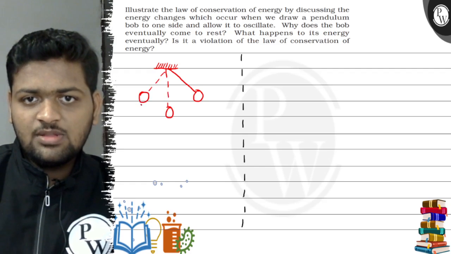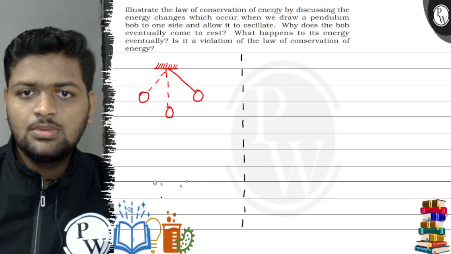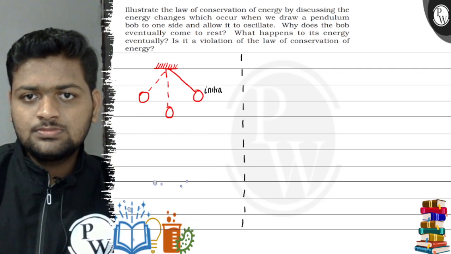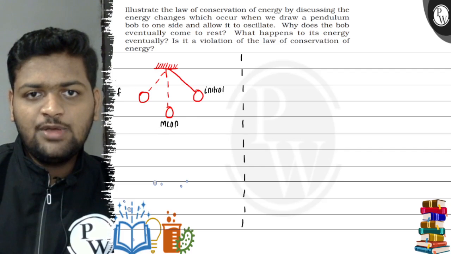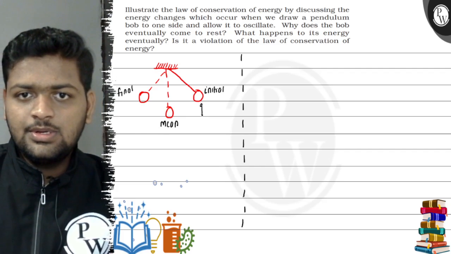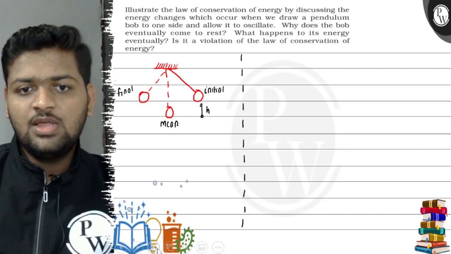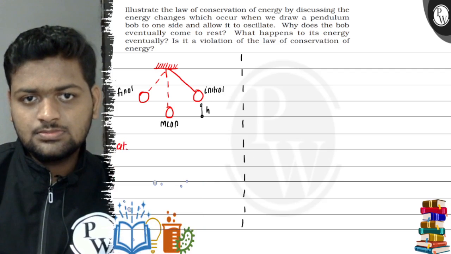This will be the final position of the pendulum. So this is the initial position, mean, final. Here it is height h above the mean position. So we will now have a discussion at the initial position.